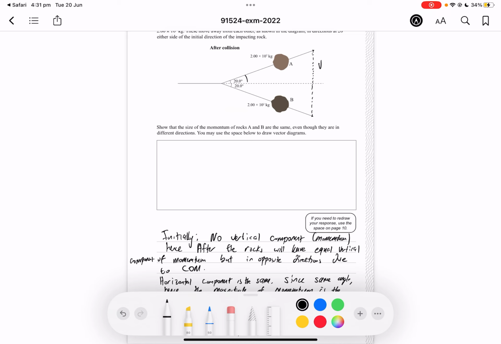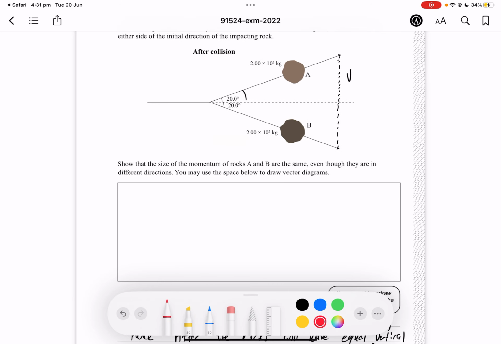And yeah, this is a merit level question, and they've actually laid out multiple ways you can do this question. You can use what I've said here, just some basic justification of the same vertical and the same horizontal, or you can use algebraic proof or calculation. Basically, just use the cosine rule here, and you'll get the same answer.